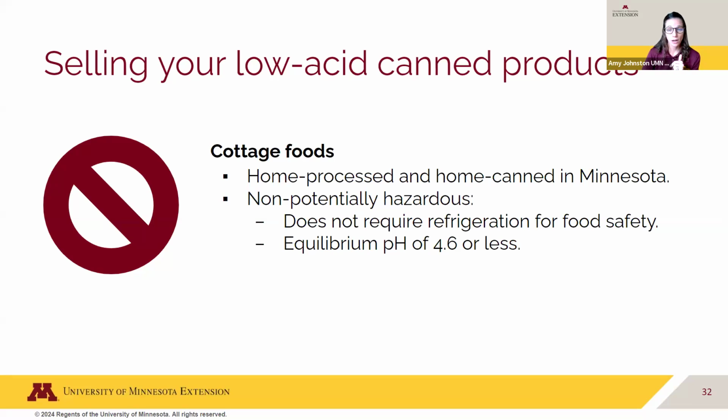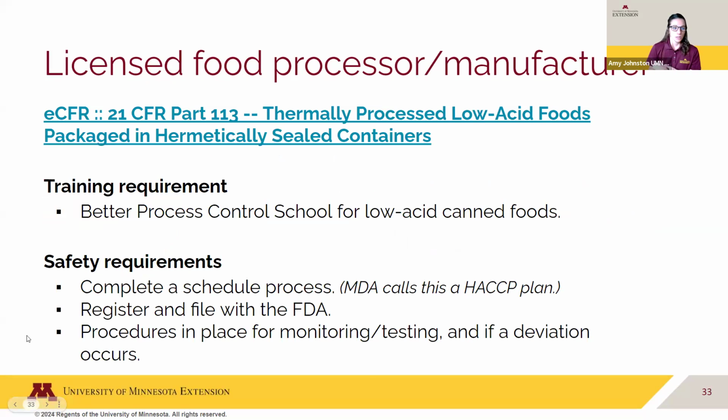If you are using a pressure canner to can your acidified tomato products, those can be sold as a cottage food because those are acidic. It's just the low acid food having a pH of greater than 4.6 that cannot be sold. So if you are looking to make and sell low acid foods, it would have to be under the licensed food processor manufacturer route.